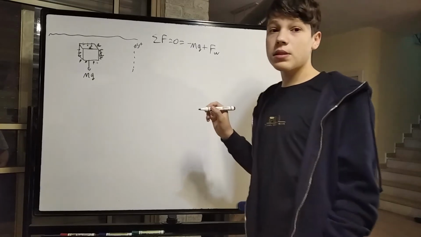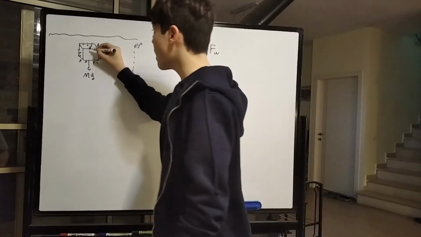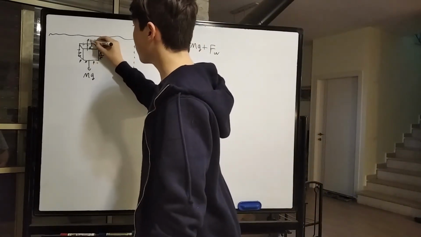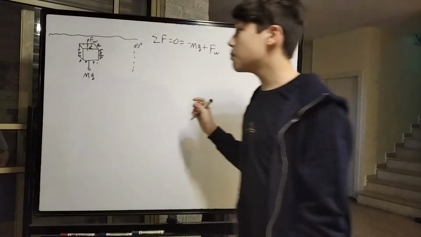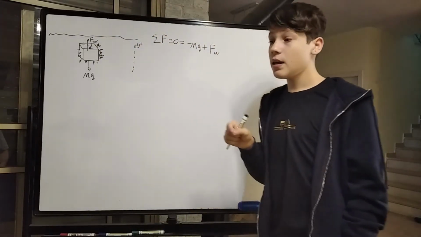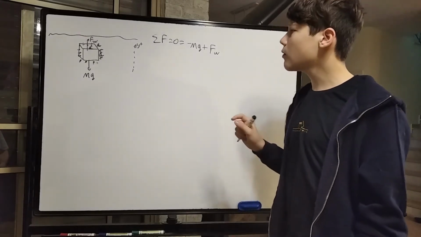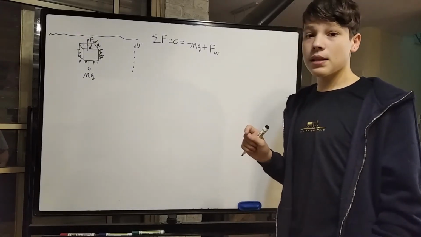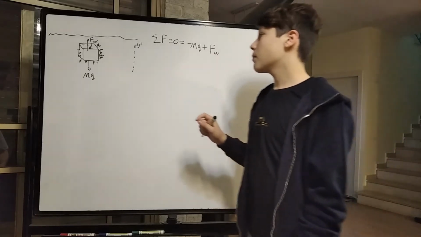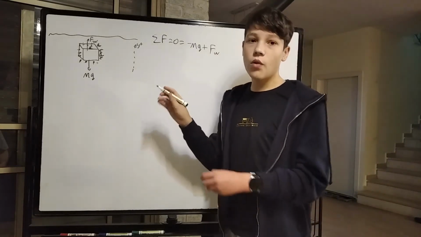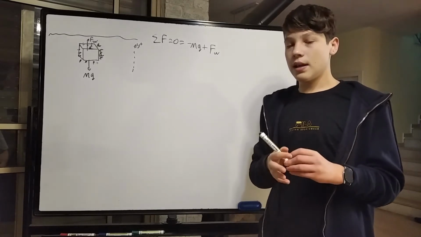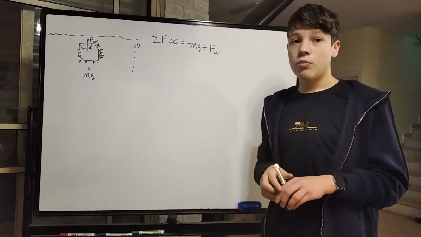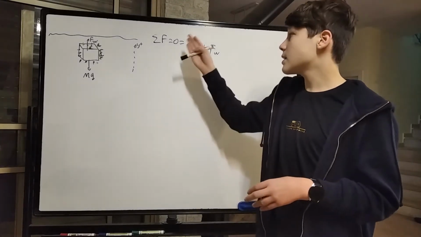And now we can also see that Fw has to point up, because if Fw pointed to any side, left or right, the cube of water would be moving to a certain side, which obviously isn't the case. Again, it's stationary.